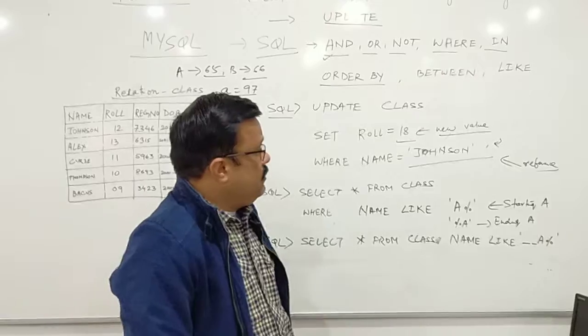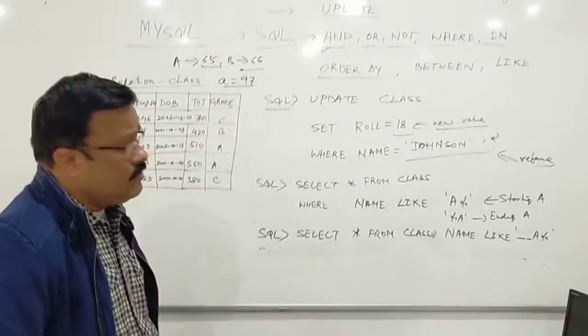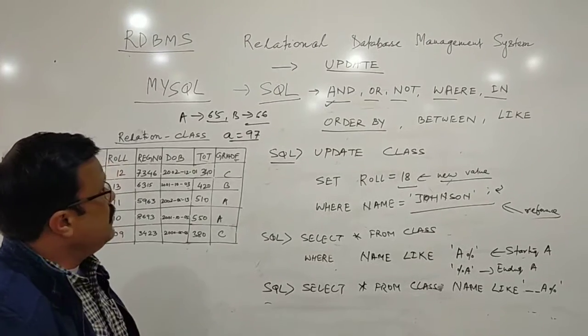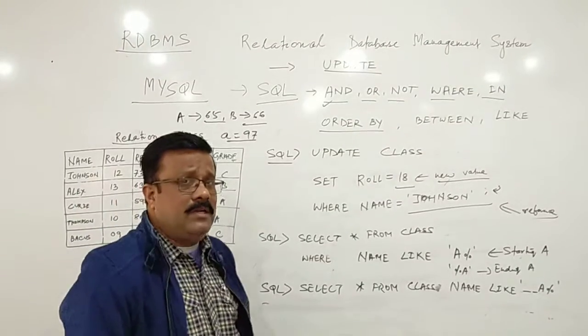So these are the three wildcards: %, and underscore. All these clauses we can use in SQL commands.